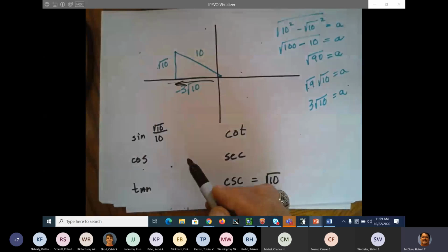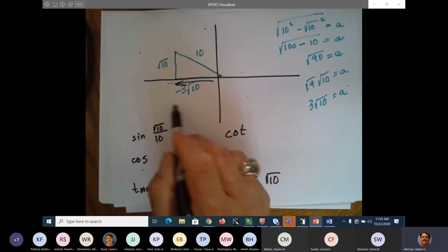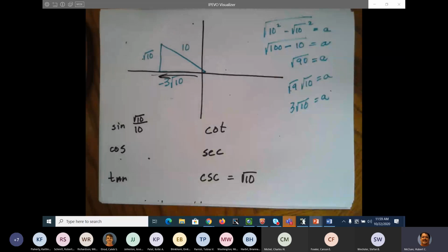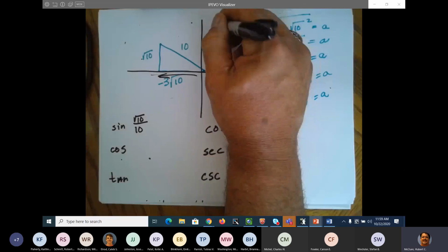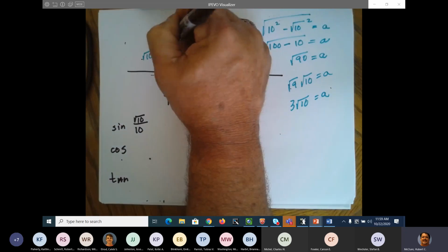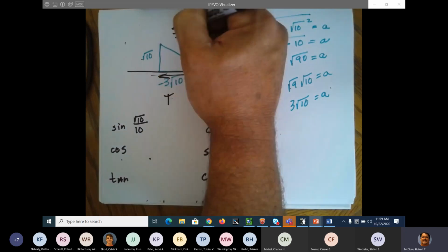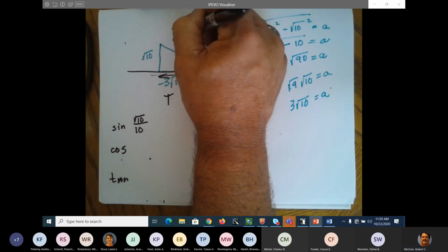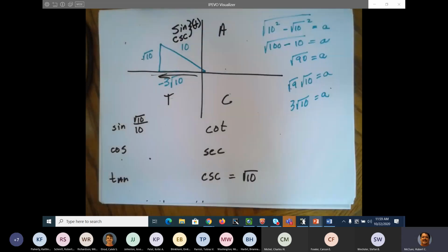See what I'm saying? Yes, sir. And remember, all students take calculus. So the sine and the cosecant are both going to be what? Positive. The rest of them should be negative.